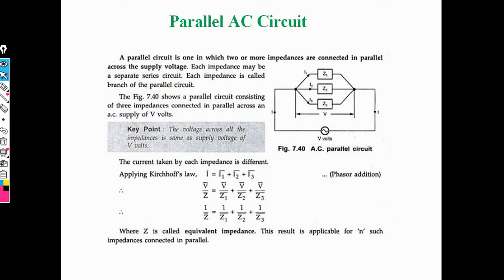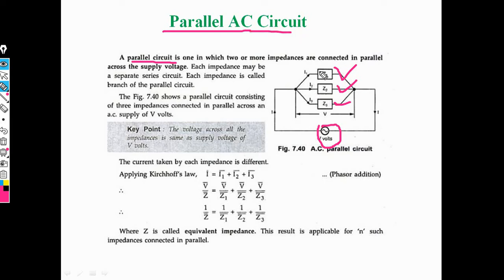In a parallel AC circuit we have considered 3 impedances, Z1, Z2 and Z3, connected in parallel with supply voltage V. A parallel circuit is defined as one in which 2 or more impedances are connected in parallel across the supply voltage, and this type of circuit is called a parallel AC circuit.